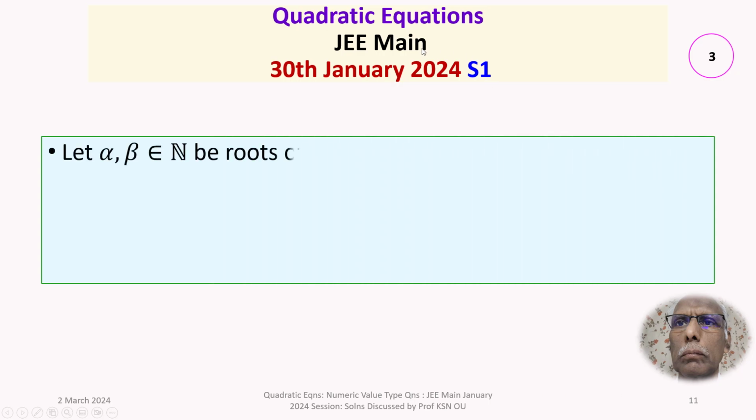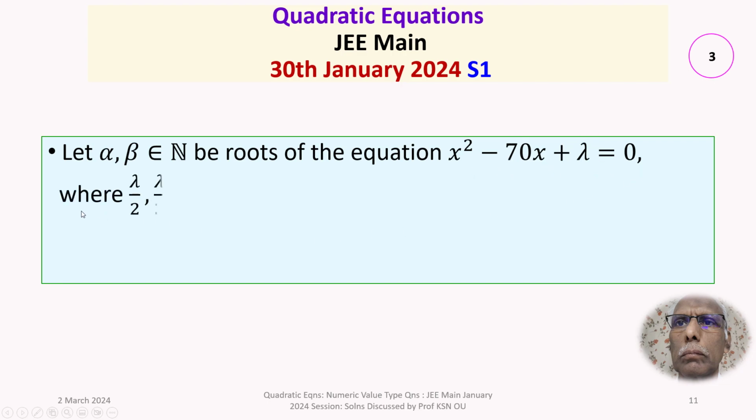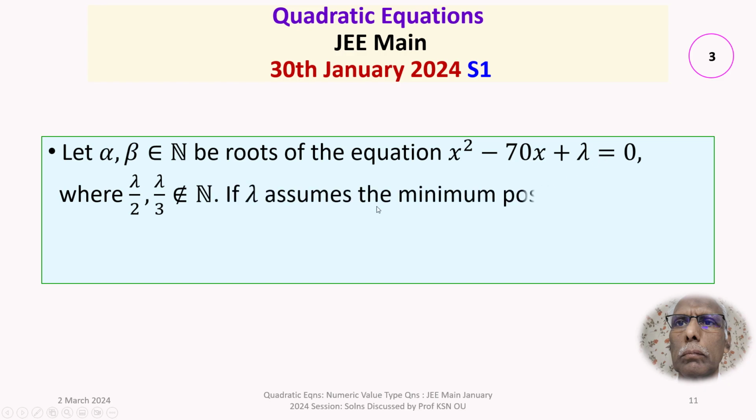The given question is: let alpha, beta be natural numbers, be roots of this quadratic equation x square minus 70x plus lambda is equal to 0, where lambda satisfies this condition: lambda by 2, lambda by 3 does not belong to the set of natural numbers. That means lambda by 2 and lambda by 3 are not natural numbers.